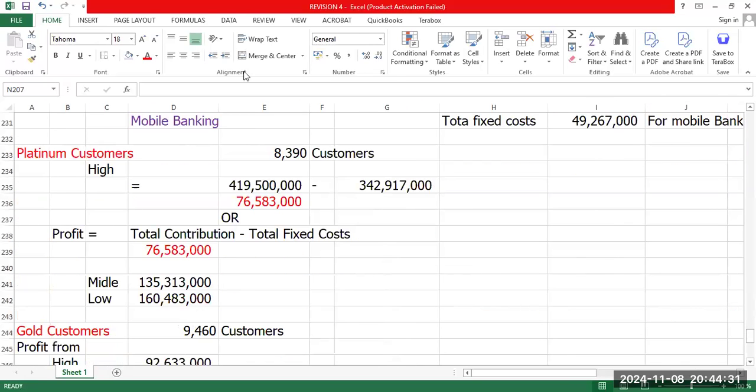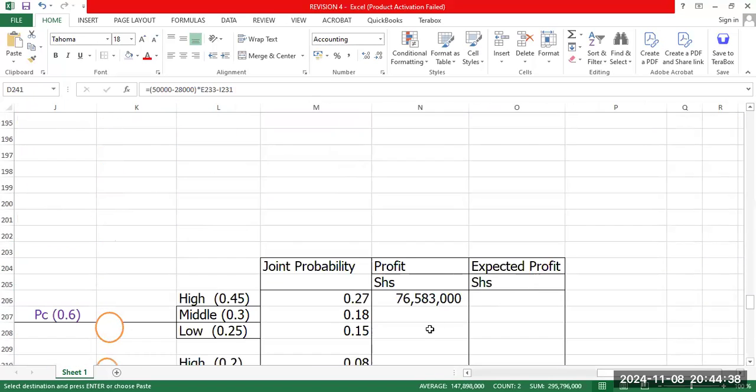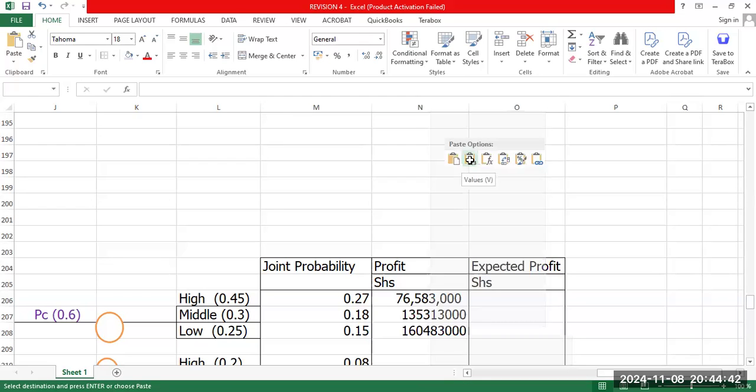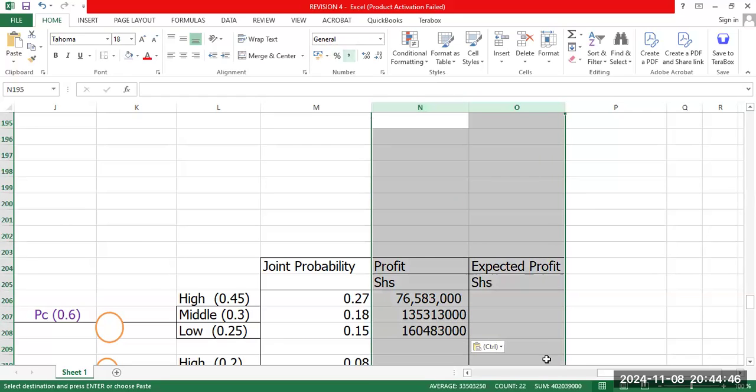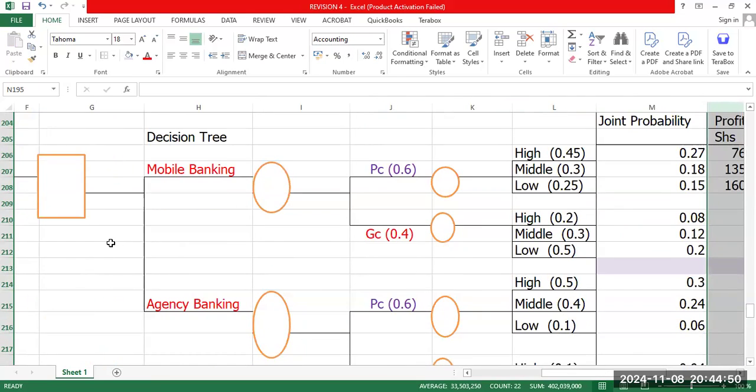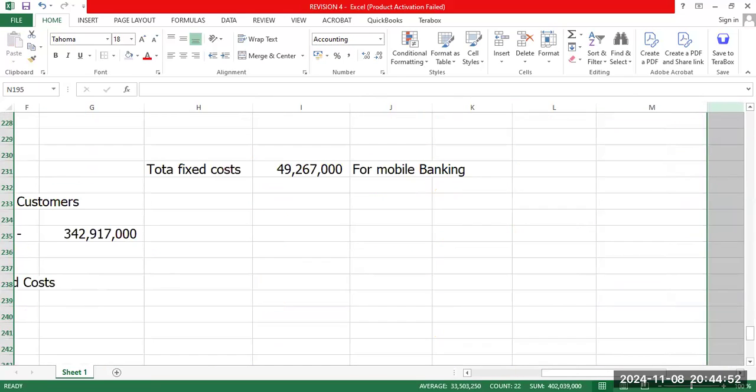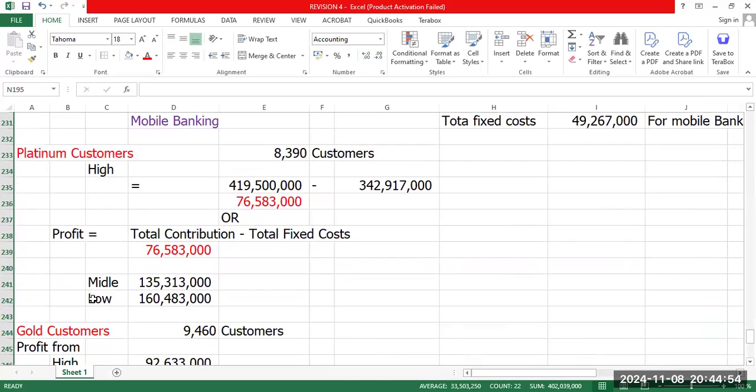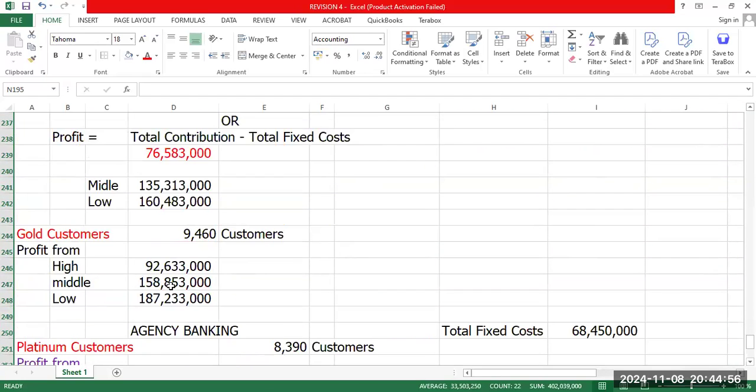Then the other things you can just copy. This one we can just copy. Then when I go to gold, gold is here.